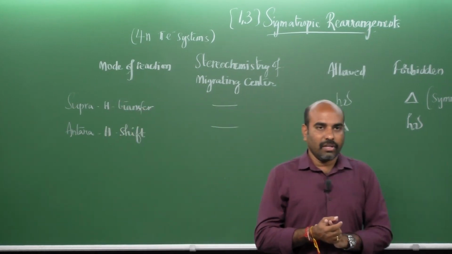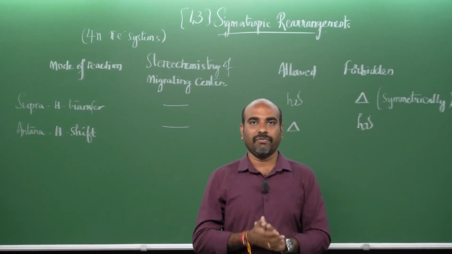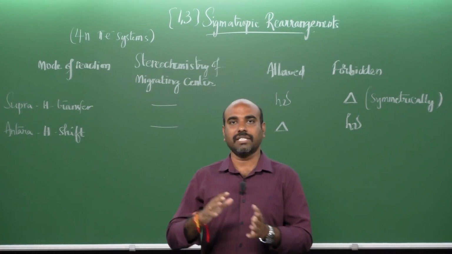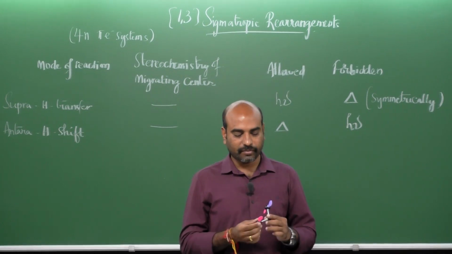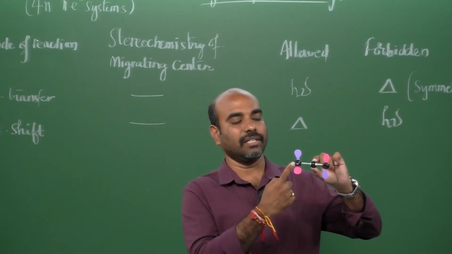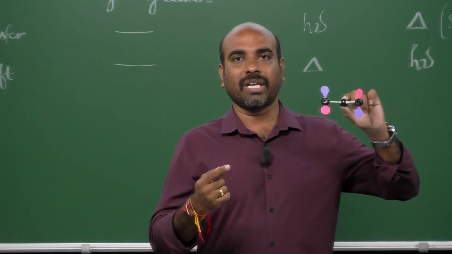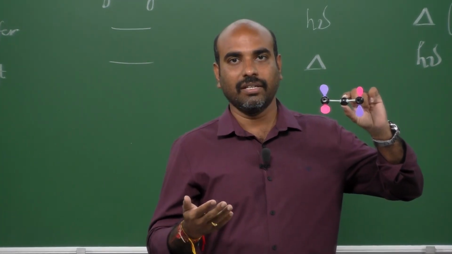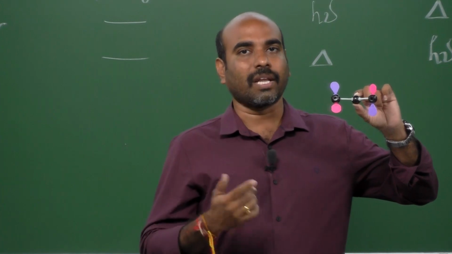Now try to recollect the HOMO for these 1,3 hydrogen shifts under thermal as well as photochemical conditions. So this is a 3 carbon system. What is the HOMO for 1,3 hydrogen shift reactions with a 3-centered system, under thermal conditions?